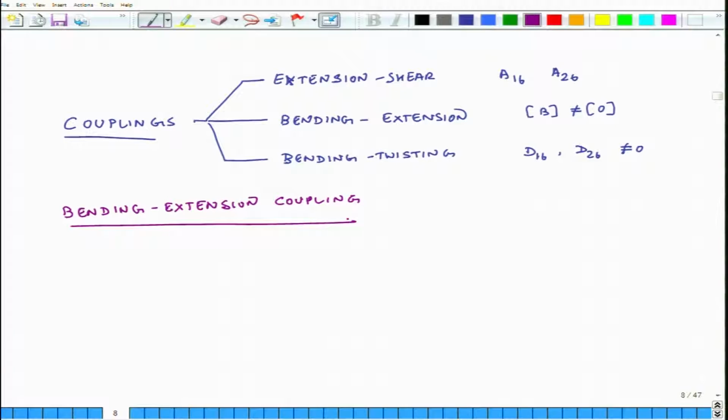Bending extension coupling, and we had said that this coupling exists when B is not equal to 0. So, how do we make B to be 0? We had explained earlier, and now we will discuss the details, that B is 0 for symmetric laminates.